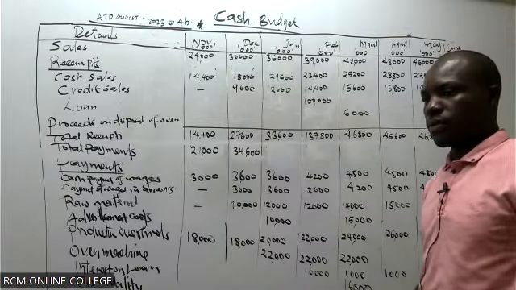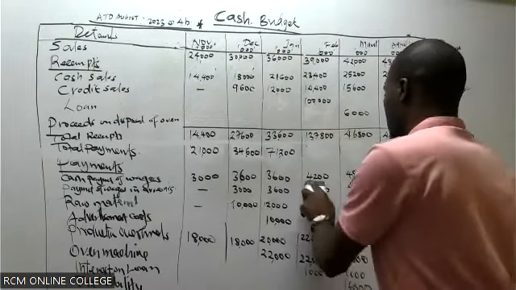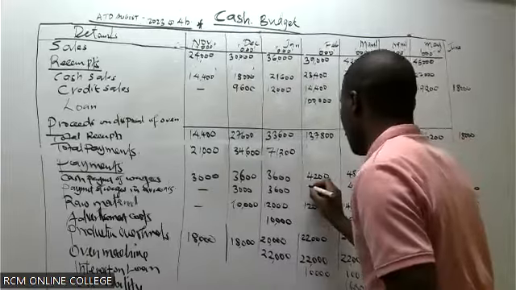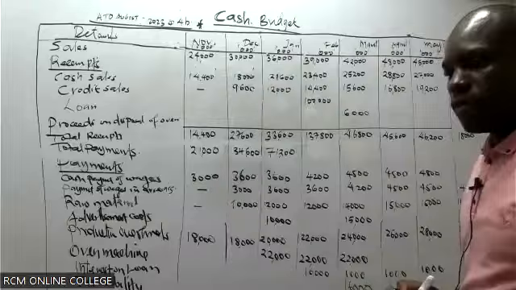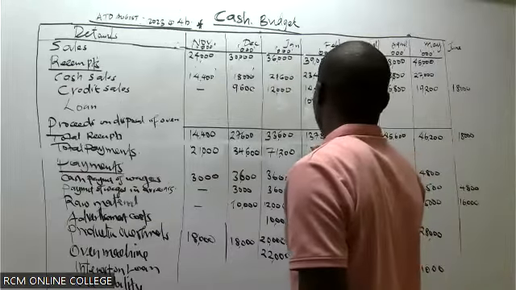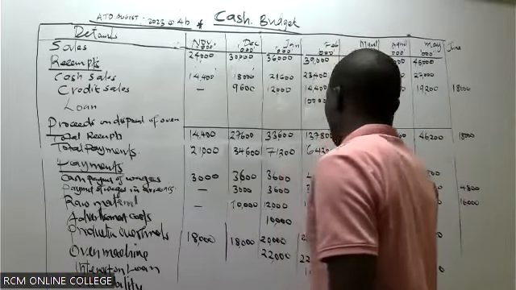How about this other one? Ukiongeza hizi zote unapata ngapi? This is 36. This is 3,600. February 64,200. Then March 97,700.